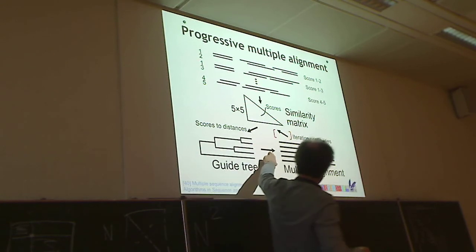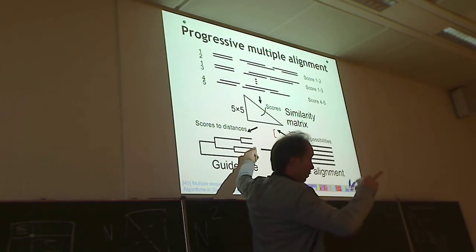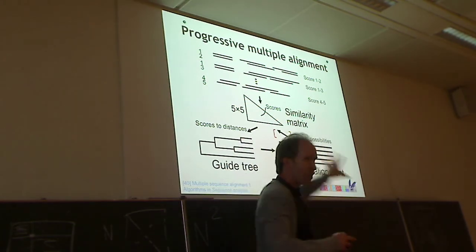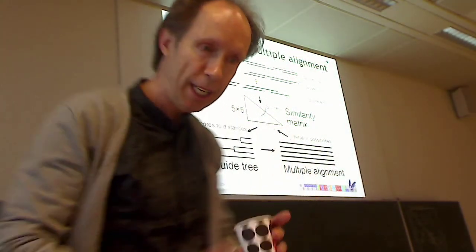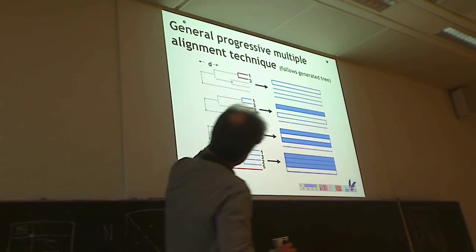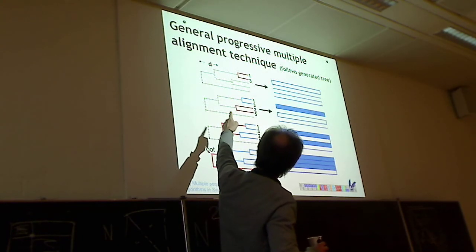So it means you pile up your alignment. One program is even called PileUp. First you have this, and then you have that, and then in the end you have your multiple alignment with the 5 sequences. So it works a bit like this is the order. You do your first 2 sequences first.